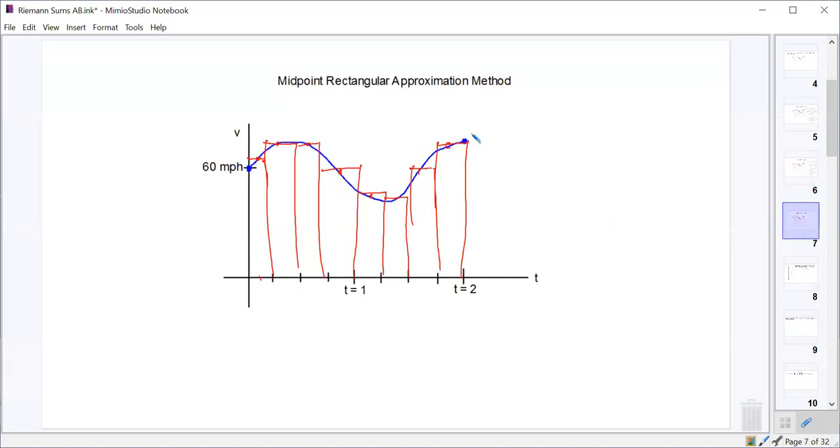Well, for this one, we know it's going to be a little more accurate, but we don't know if it's necessarily going to be more or less than the exact value. Right? So they've all got their own uses, but it's important to understand the differences between them and what the function's nature can tell you about each one's approximation. Everybody good? Yeah.